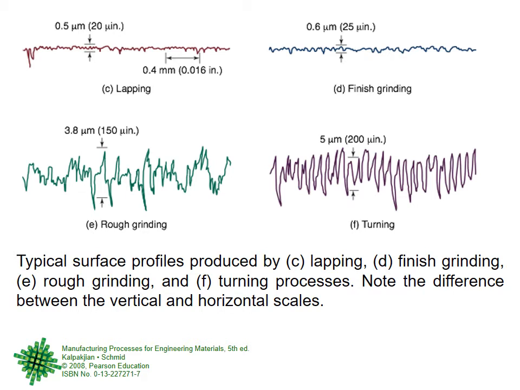Turning is the operation that you do on a lathe machine. On a lathe machine, when you use a cutting tool and your workpiece is rotating, and you select a depth of cut and you select a tool speed, the tool speed, the depth of cut, and the rotational speed, together they will decide how good the surface is.